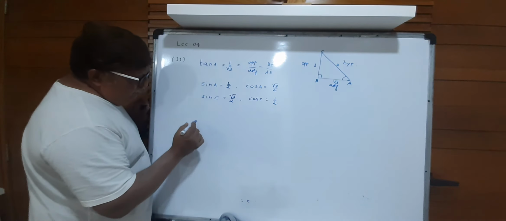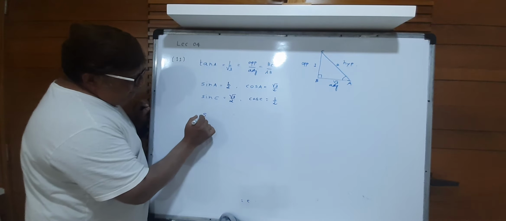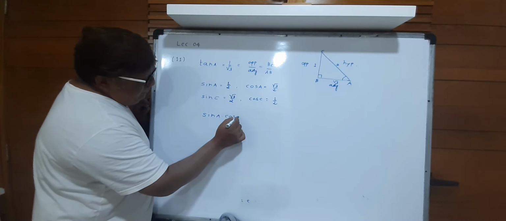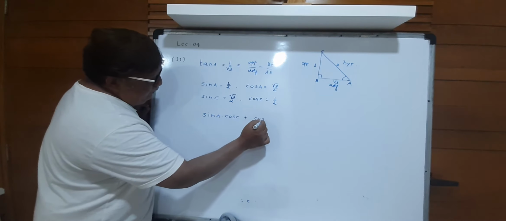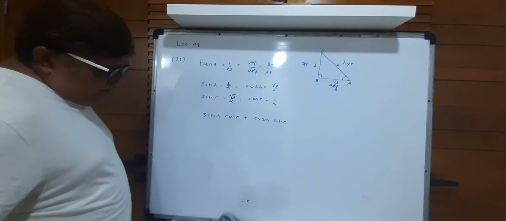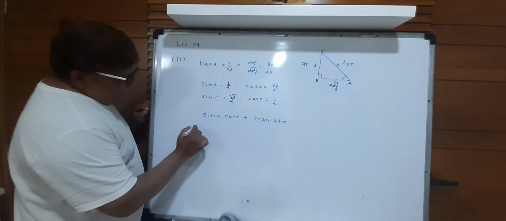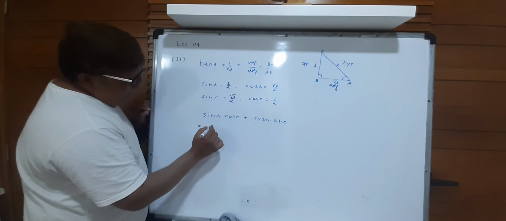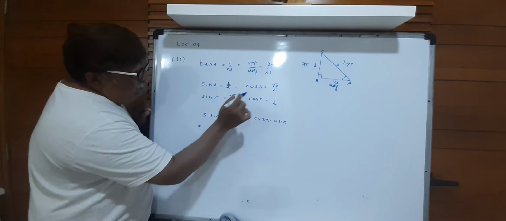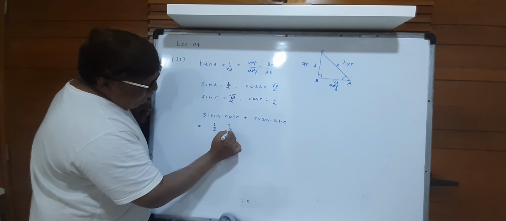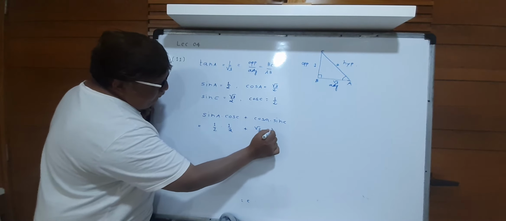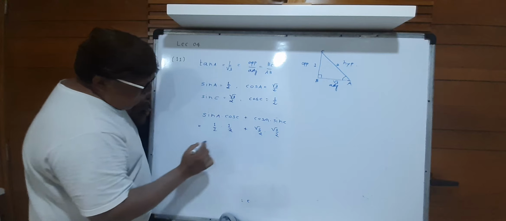Now, dear student, the value you have to find, that expression I am writing, sin A into cos C plus cos A into sin C. I have just taken one option only. Let me put the values: sin A, that's 1 upon 2, cos C 1 upon 2, cos A root 3 upon 2, sin C root 3 upon 2.